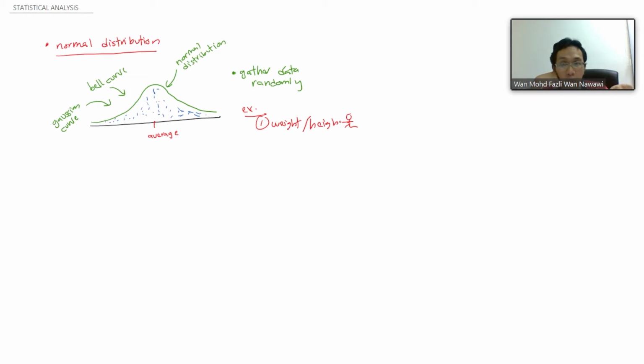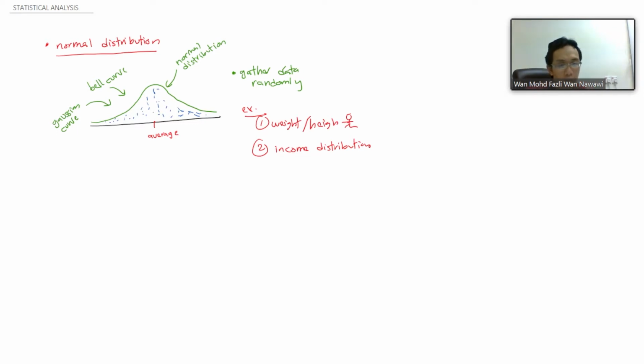Most people will be in the center, at the average. You can also see this in income distribution. In a country like Malaysia, there are people that are very rich and people that are very poor, but most of the people are in the middle, not so rich, not so poor. So this is how you get the bell shape.